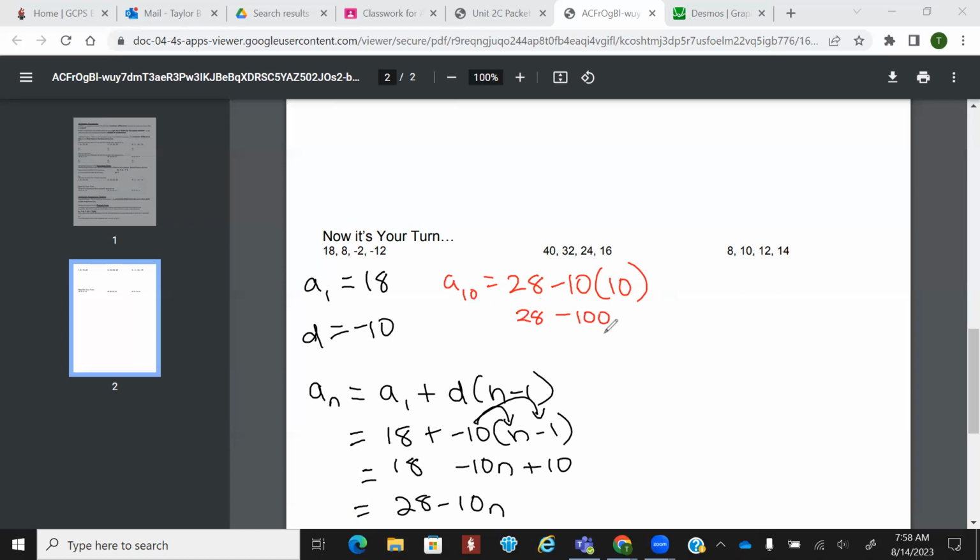And then 28 minus 100 is going to give us negative 72. Does that make it a little more sense? Okay, again, I give you this equation, so you don't have to memorize it or anything. You just have to know what a sub 1 is and the difference, right?